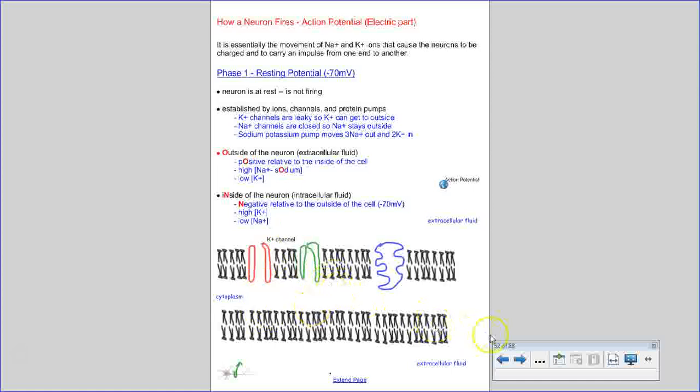Okay, and the one that's closed is the sodium ion channel. And the one that has spots for two different kinds of ions, that is the sodium potassium pump.